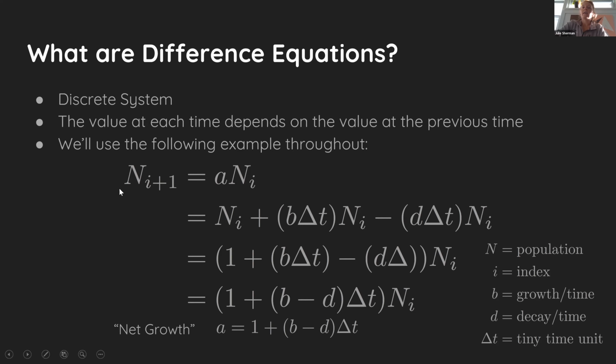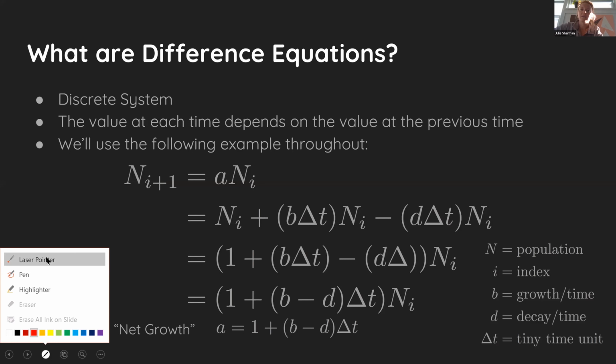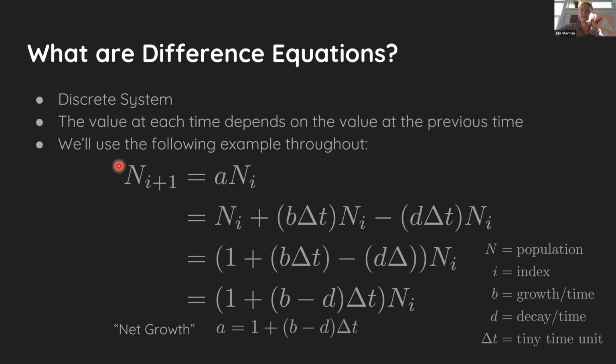So in this case, the value at the next time is going to depend on the value at the previous time. So in this first equation, that's where we will write n_{i+1} = a n_i. So n is our amount here. It could be anything. It could be the amount of infected people in a population. That's what we're going to talk about later.